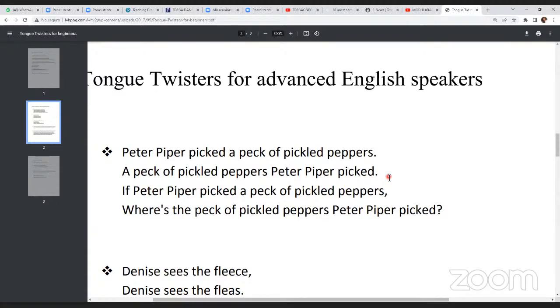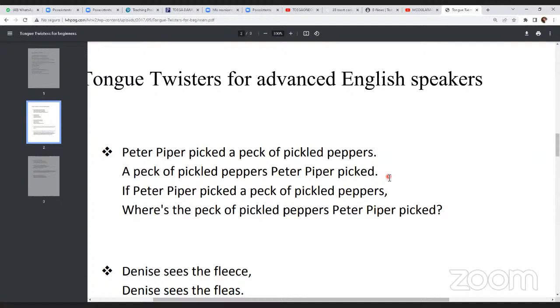Picked, con una P, right? If Peter Piper picked a peck of pickled peppers, where's the peck of pickled peppers Peter Piper picked?